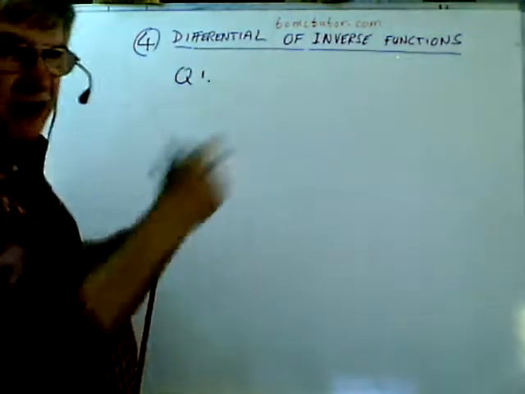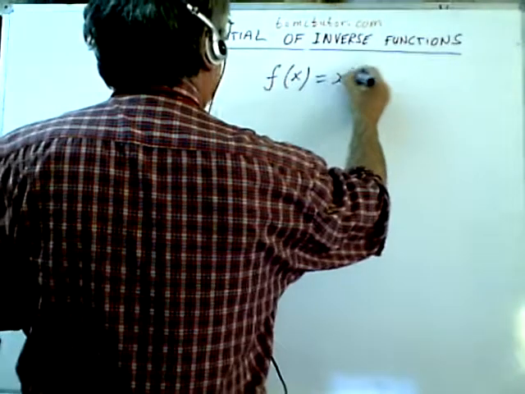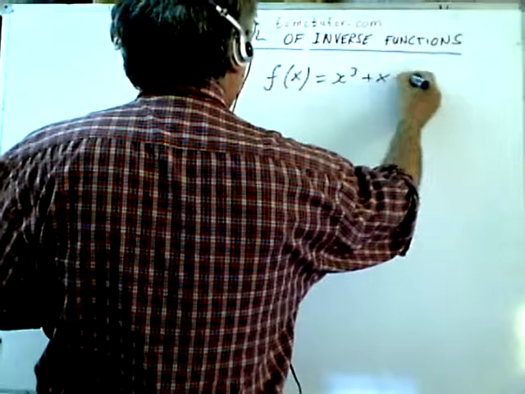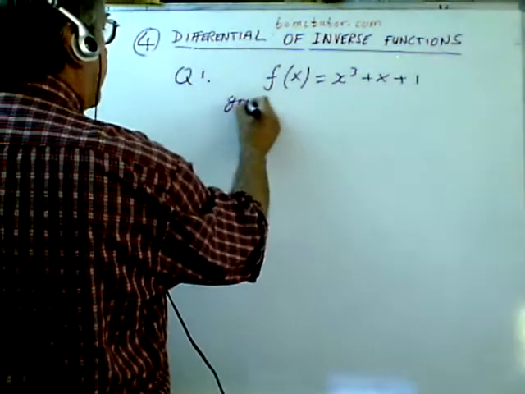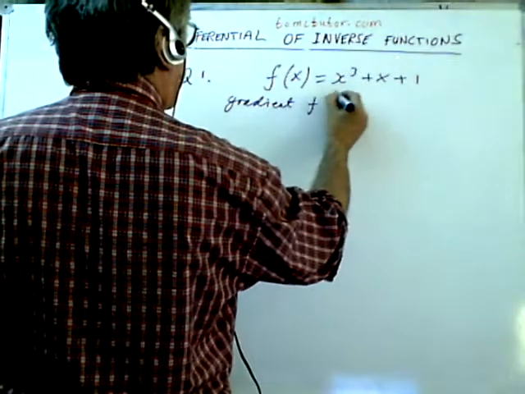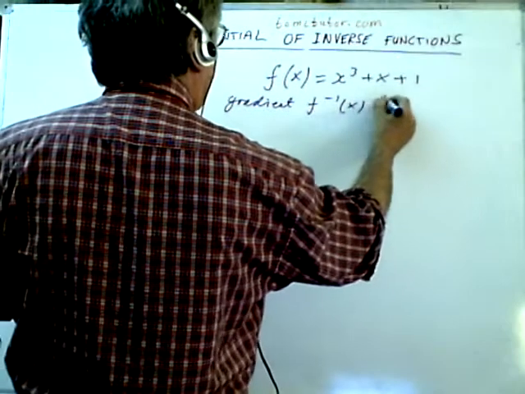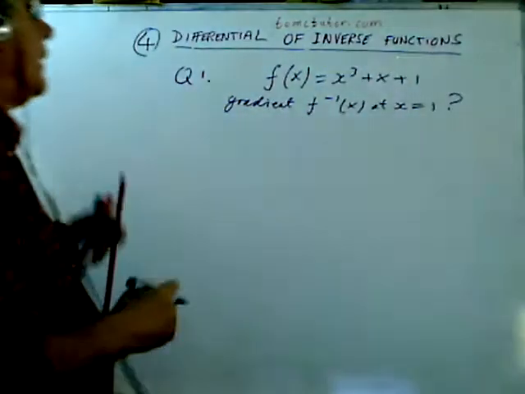Okay, and I'll just give you the problem. So we have f of x is x cubed plus x plus 1. Okay, and we need to find the gradient of the inverse function at x is equal to 1. Okay, so that's the question.